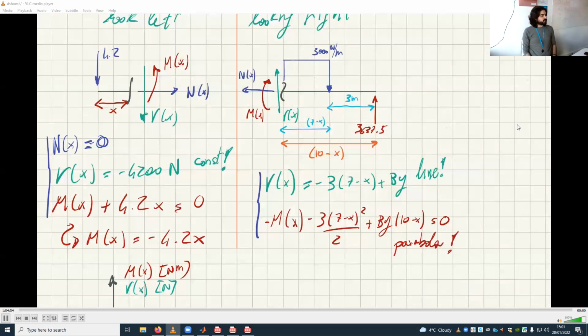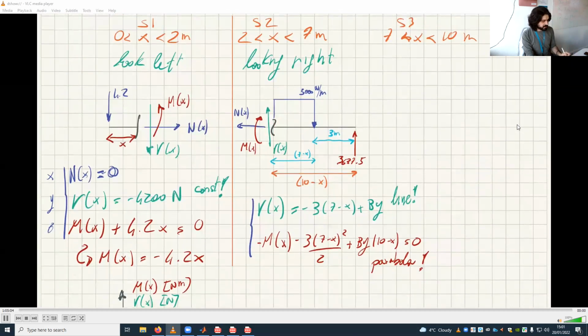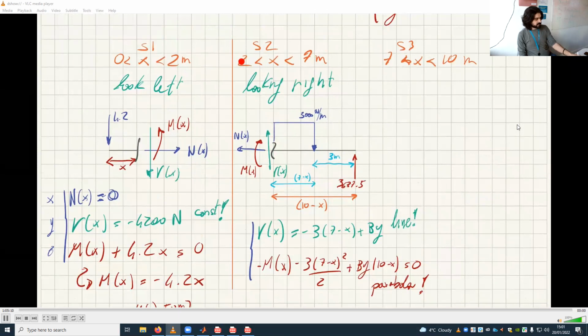How many points do you need to draw a straight line? Euclid says 2. As long as you have 2 points, you can draw a straight line. What are the points? So v of x is the line that we have to draw. So we can draw v of 2 and v of 7. So the end points of the segment, which are also the interesting points. They can help us draw that straight line.